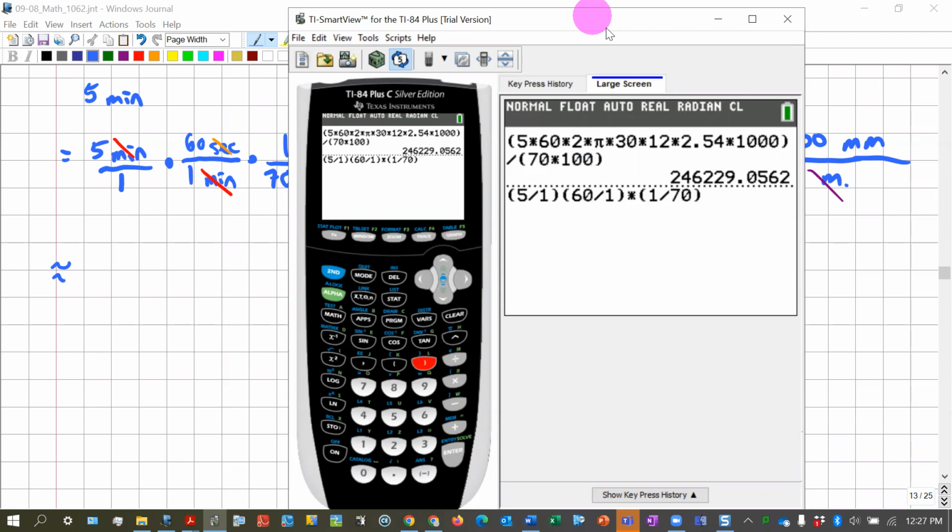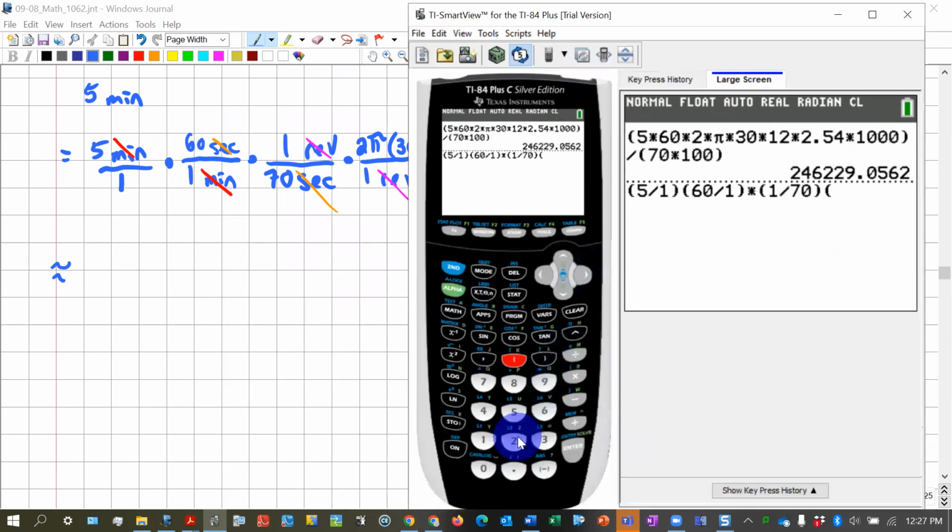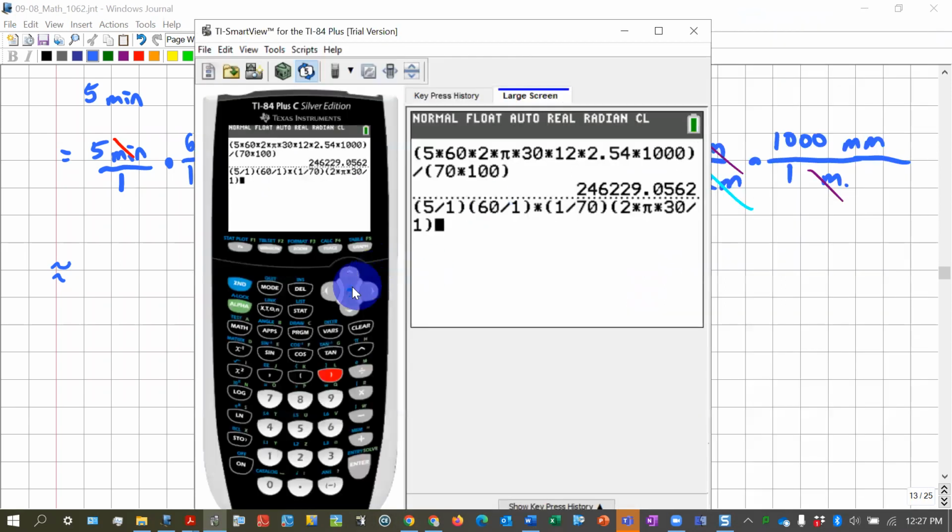So this is just an alternate way of typing it in that is mathematically equivalent but computationally better for the machine.